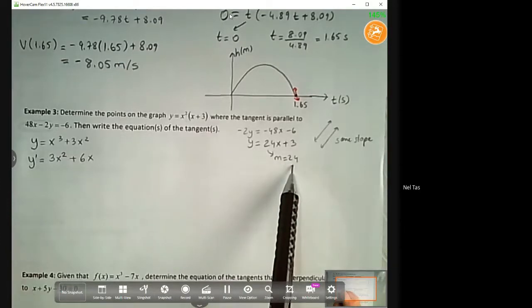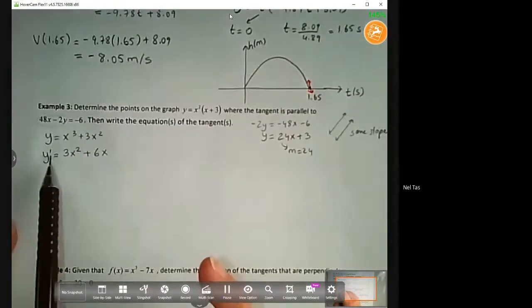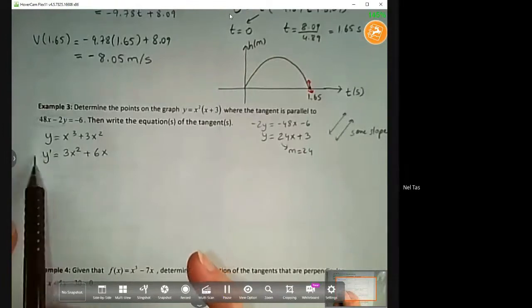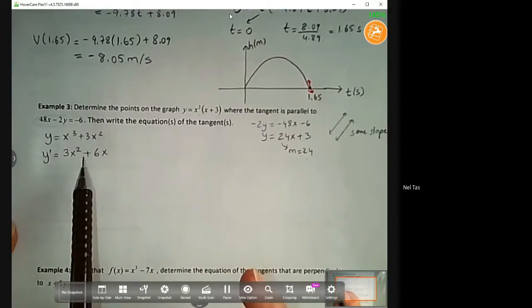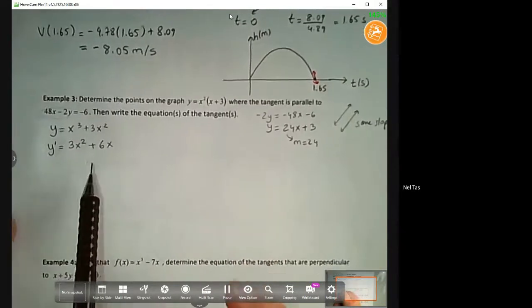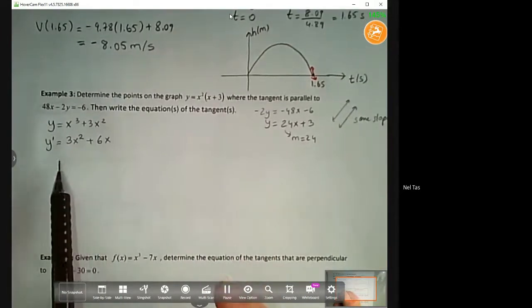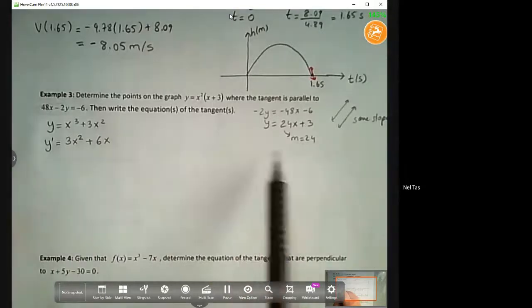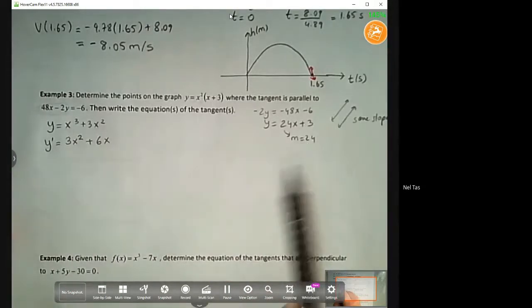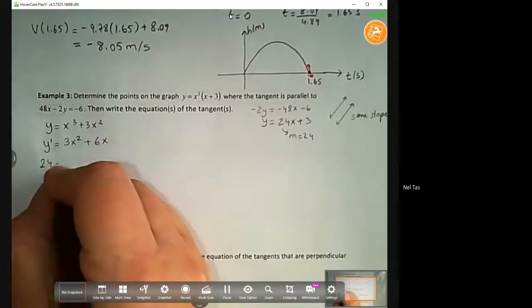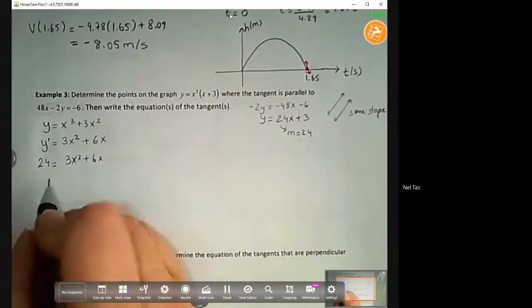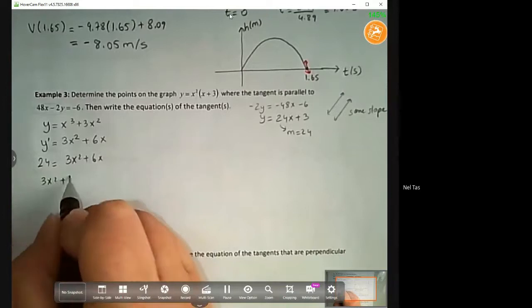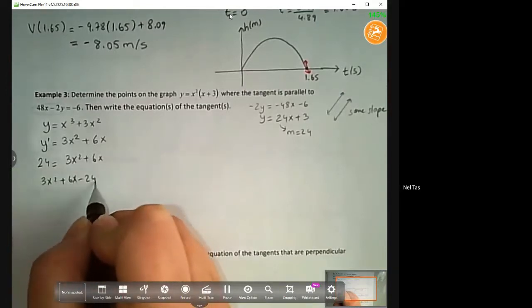Okay, so this is the slope formula, so I can substitute 24 here to see where the tangents have a slope of 24. Okay, so 24 equals 3x squared plus 6x. So 3x squared plus 6x minus 24 equals 0.